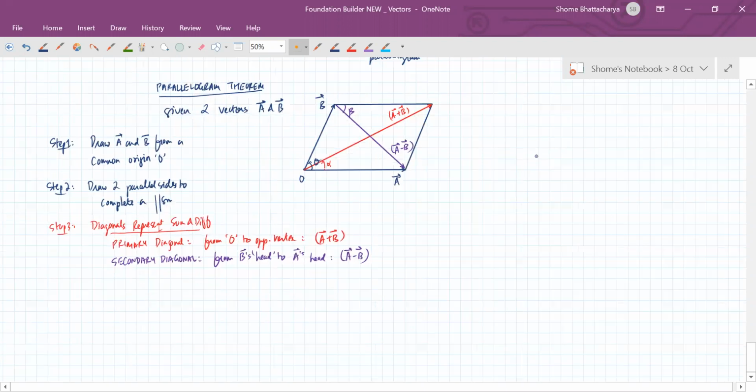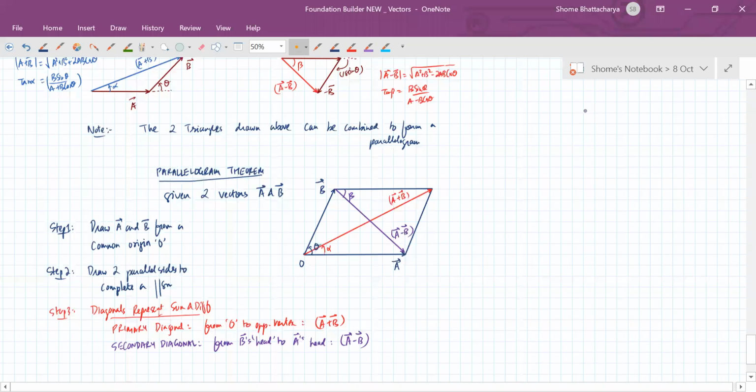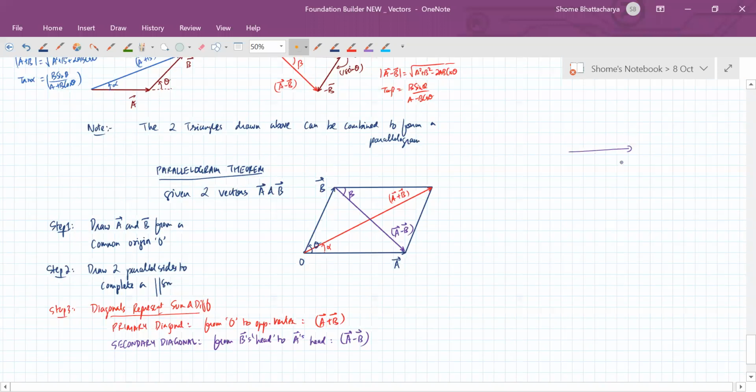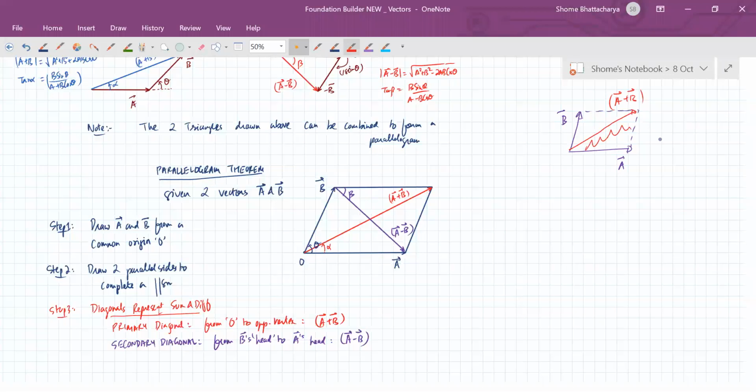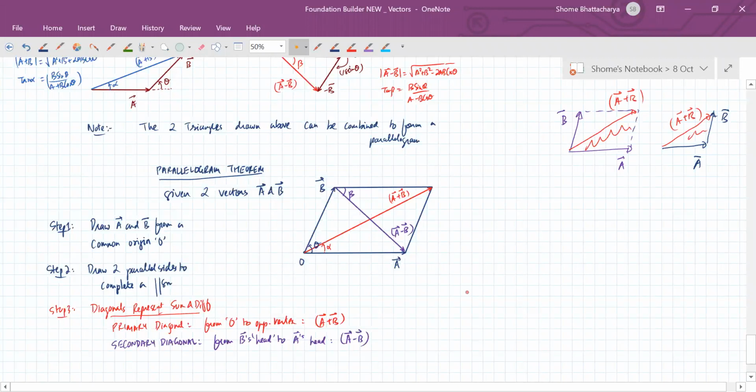Okay, so you can see that in this parallelogram, if we have drawn the sum like this, then this triangle over here is the same as the vector sum triangle. The same triangle.